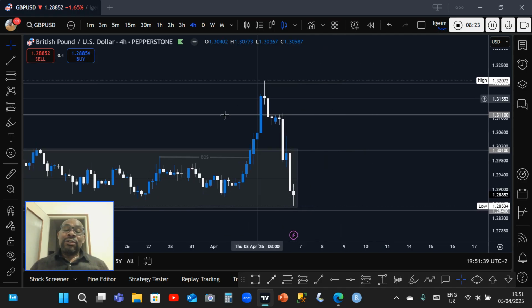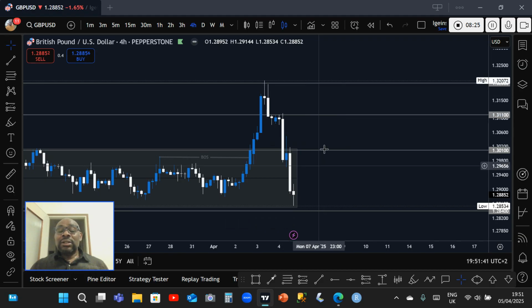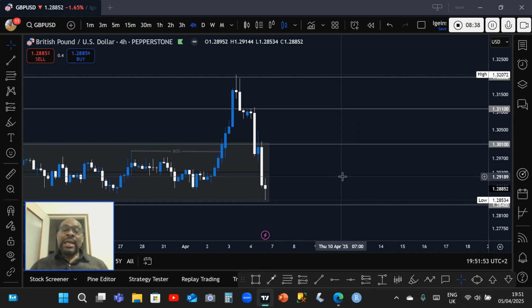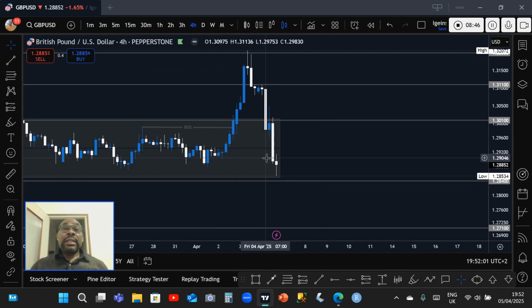All right, will they take over and push the price to the upside? We don't know. We'll wait until this candle closes and another one opens. Once the other one opens, that one will show us whether buyers defeated sellers, or sellers are still in control. That we don't know.